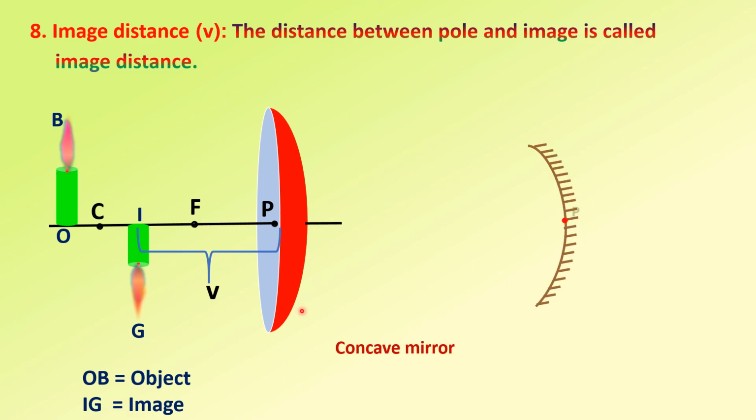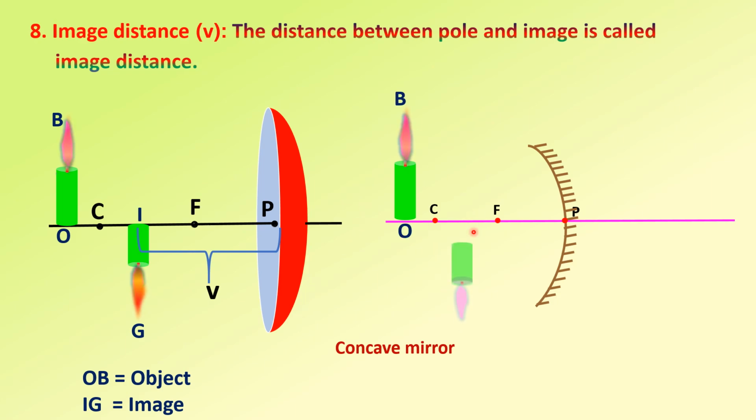The same here I am showing P, C, F, principal axis. Let us place the candle here, and its image will be formed here. So this is called the image distance. So here OB is called object, IG is called the image.